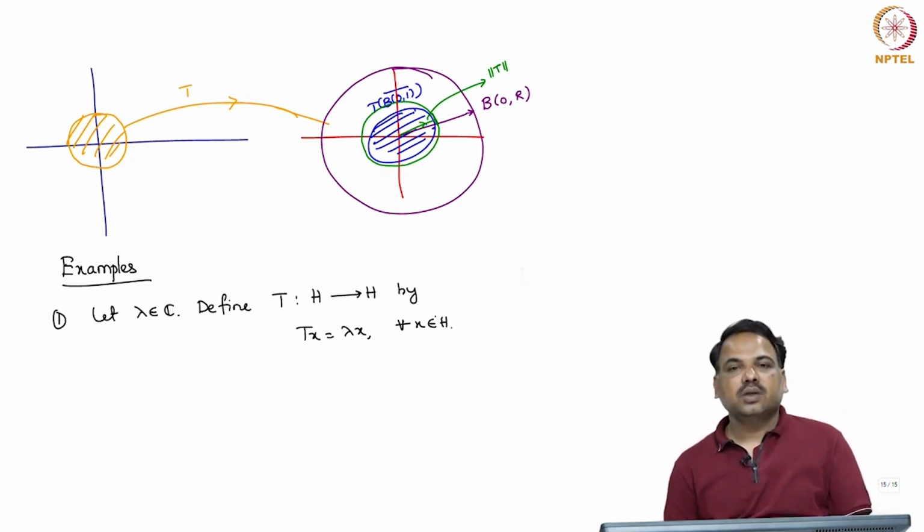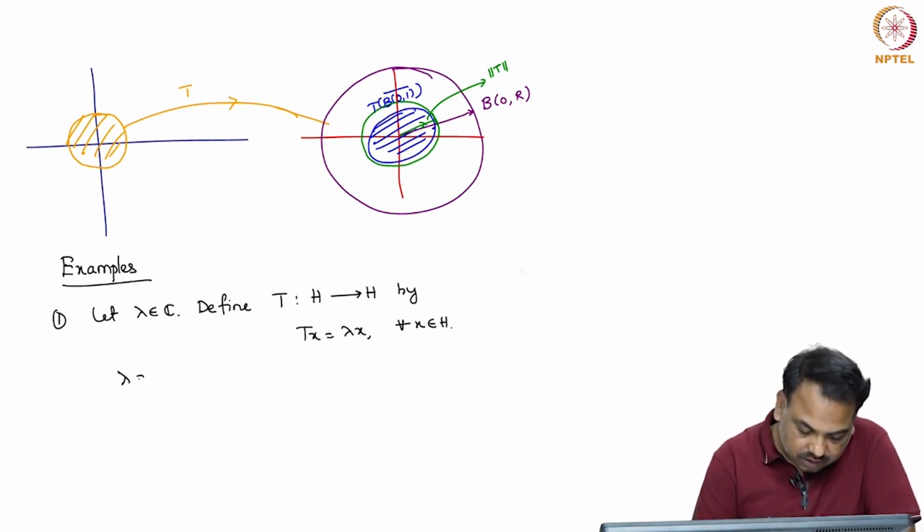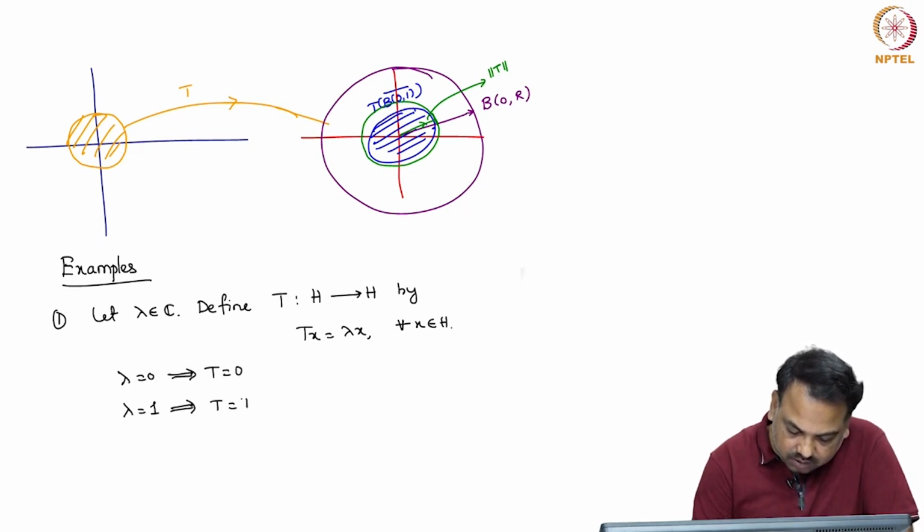So depending on lambda, you will get an operator. For example, when lambda equals 0, you will get the zero operator. When lambda equals 1, you will get T equal to the identity operator.